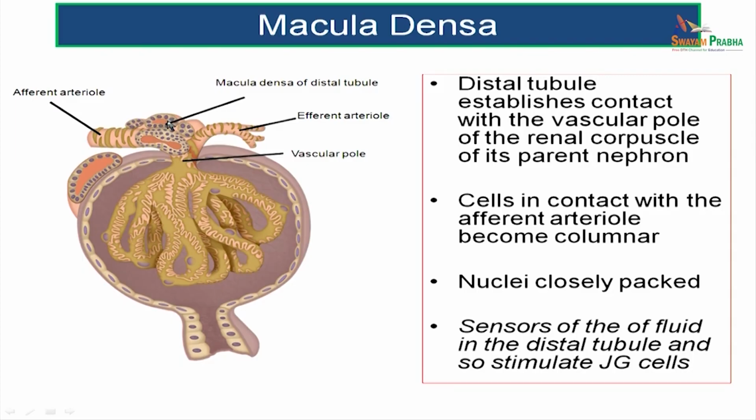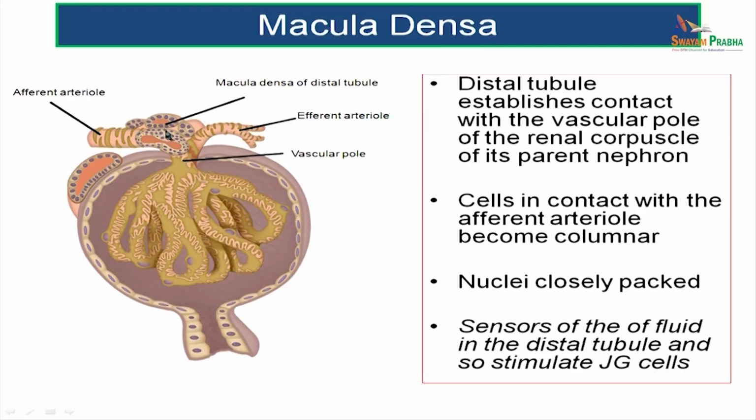The cells in contact with the afferent arteriole become columnar in the wall of the distal convoluted tubule. The nuclei become closely packed. This is called the macula densa.